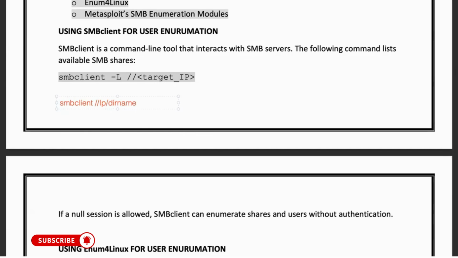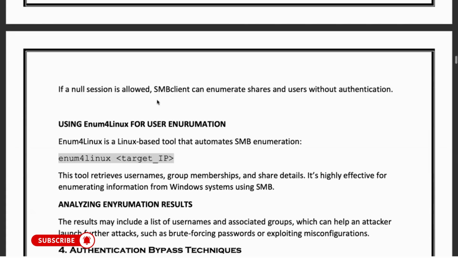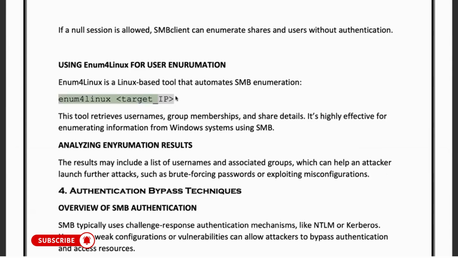That will be your command to connect with that shareable directory. Then you can use enum4linux, giving your IP, and it will enumerate everything: the users, the password policy, the operating system information, the connected devices, everything.